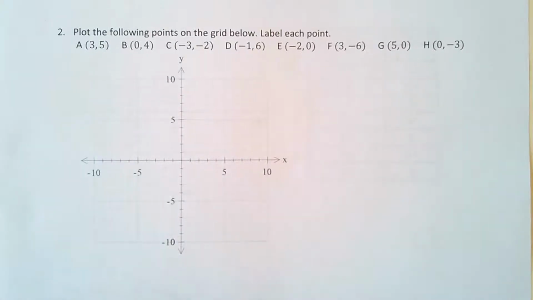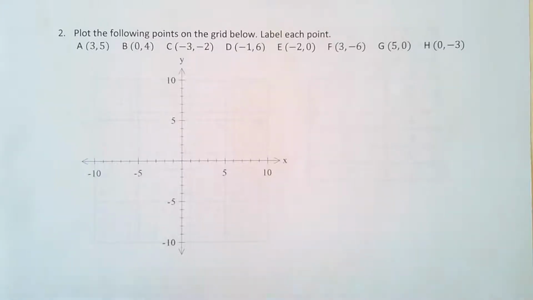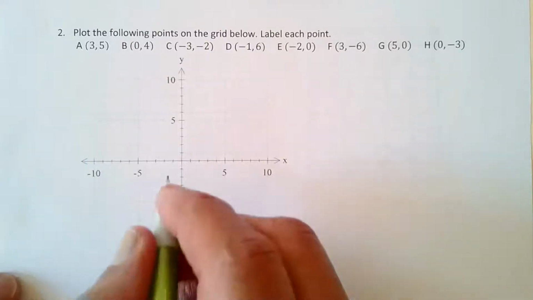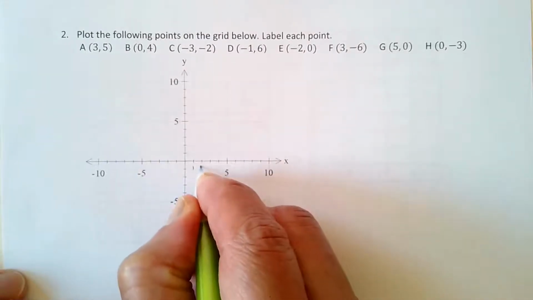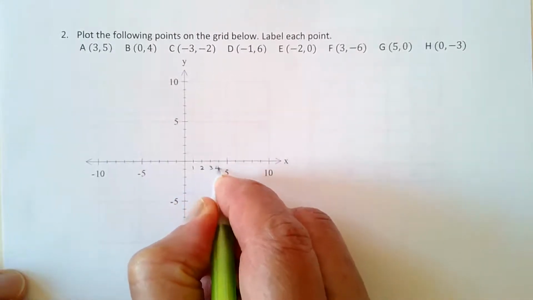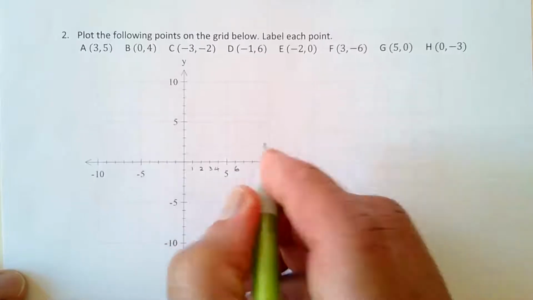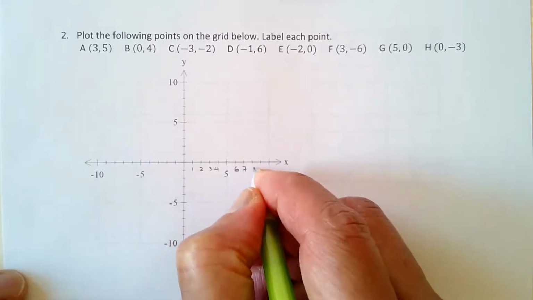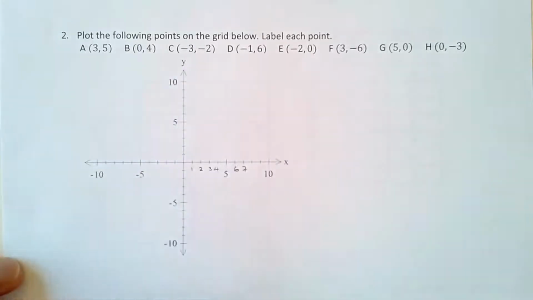Let's look at, now it's the reverse. You're given the following ordered pairs, and you're asked to plot these points on the grid below here. And I would go ahead and label it. It helps to clarify your labeling, plotting your points, I mean.